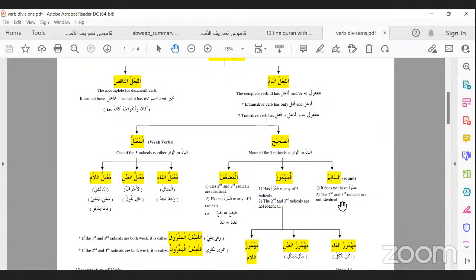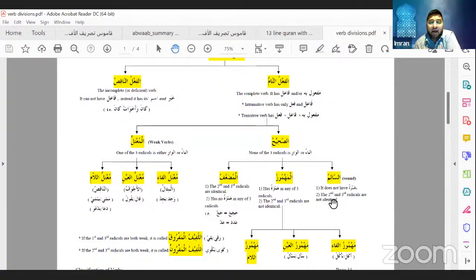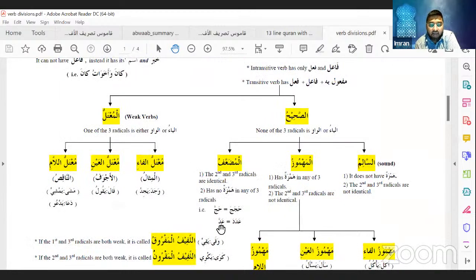It does not have a hamza, and the second and third radicals, the ain and the lam, are not identical. What does that mean? Like hajaja becomes hajja, which means to perform hajj. Adada becomes adda. When they're identical, we normally put a shadda, so hajaja becomes hajja.